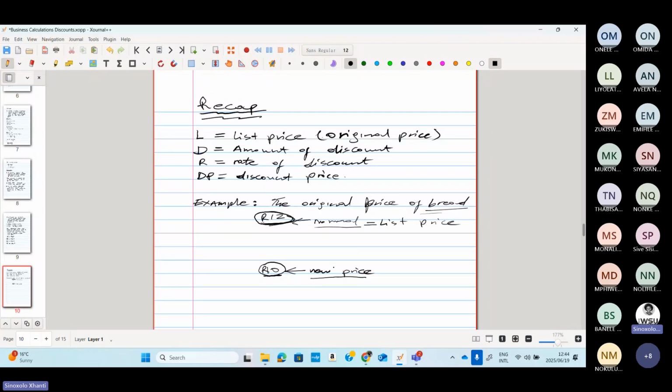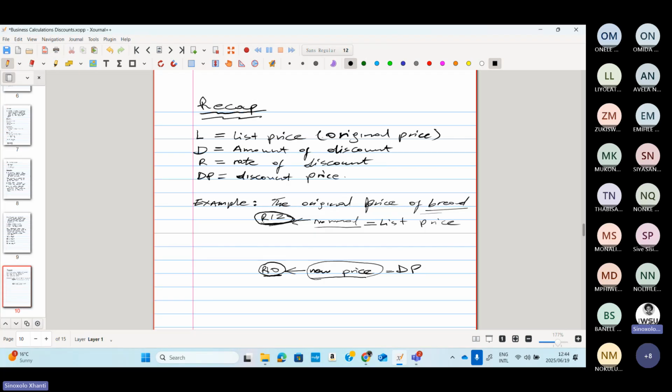And the new price, the price that you have to put your hand in your pocket, bring out your wallet and pay now, is the one that we call DP, the discount price: the new amount you are going to pay after we have applied the discount.